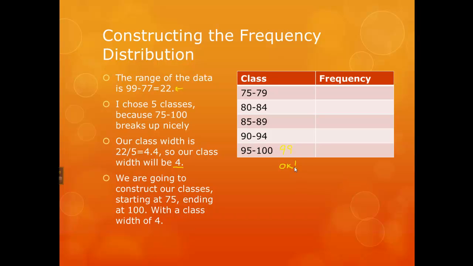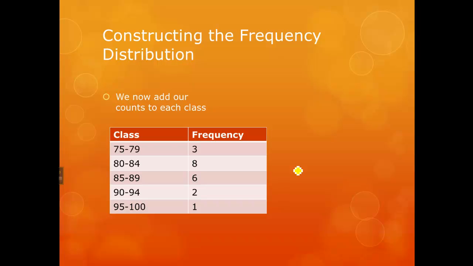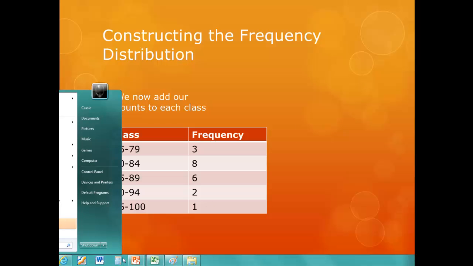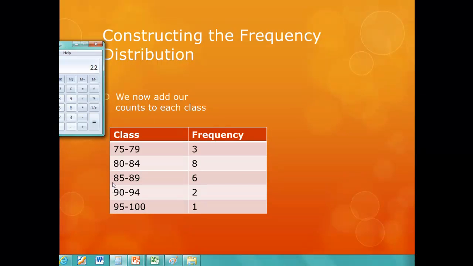So moving on to the next slide, we add our counts to each class. We add 3 from 75 to 79, 8 from 80 to 84, 85 to 89 is 6, 90 to 94 is 2, and 95 to 100 is 1. If we chose 4 classes, it would be 22 divided by 4, which would be 5.5.